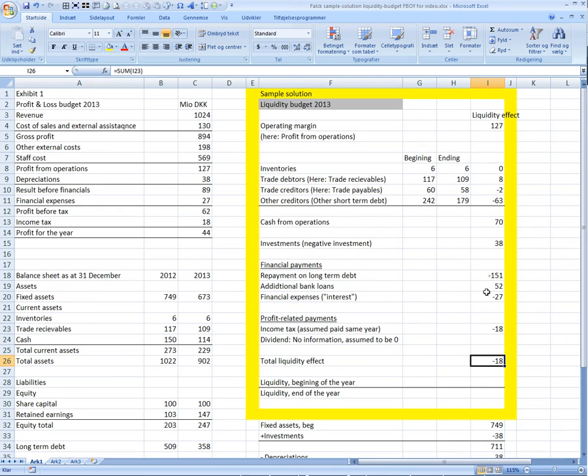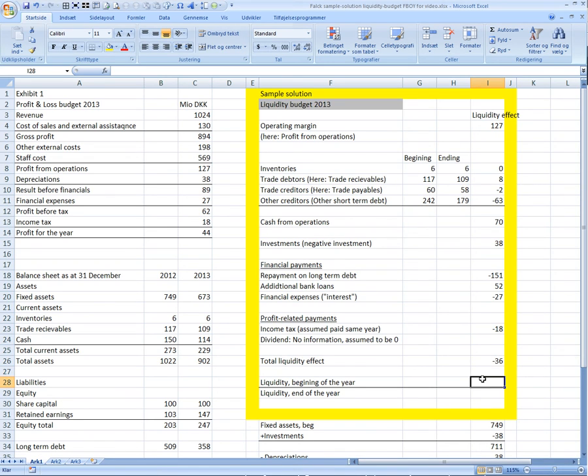Something is wrong with my Excel formula. I don't know what happened here. Let me just try again. It doesn't really like the way I do this, so I can adjust this manually. Now it looks better. I could actually take it all the way down there. So I get a minus of 36 million.